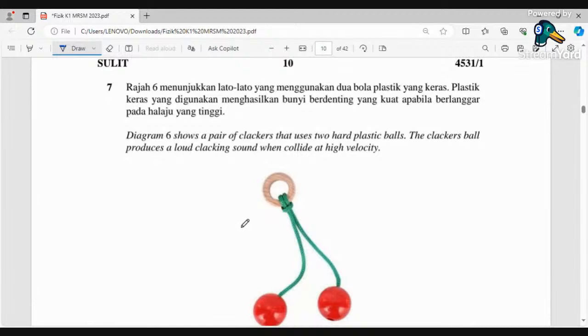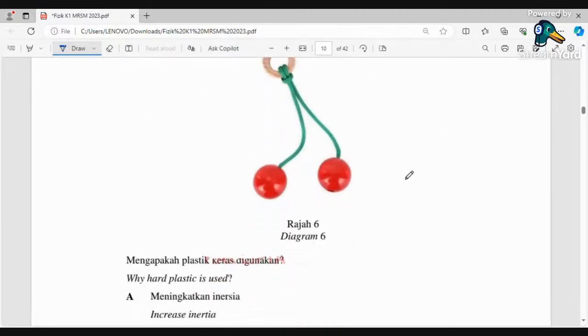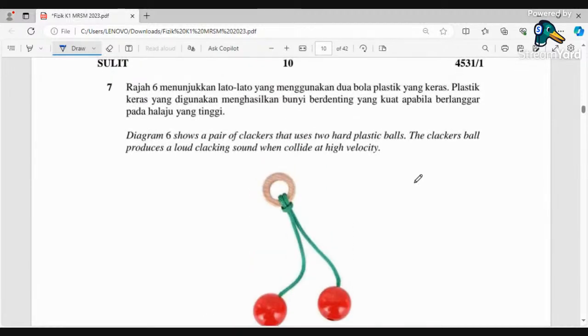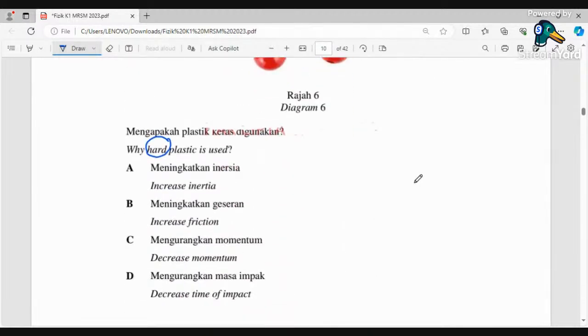Okay, number 7, pair of clackers, latu-latu, 2 hard plastic balls. The clackers' balls produce a loud cracking sound when they collide at high velocity. Why is hard plastic used?